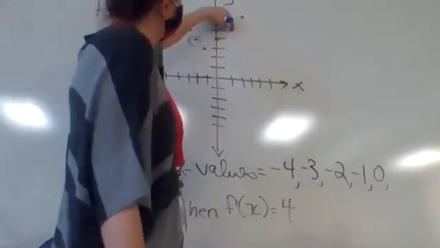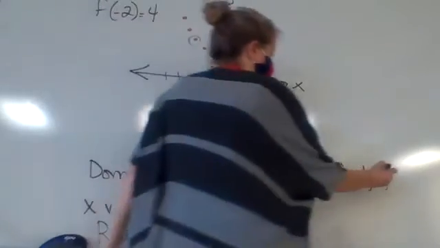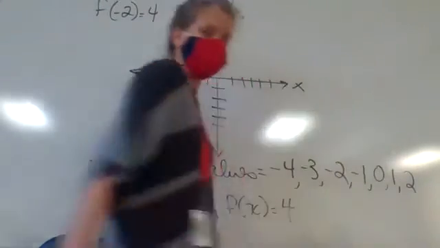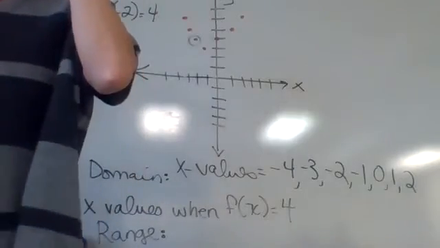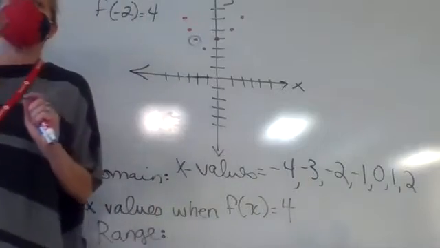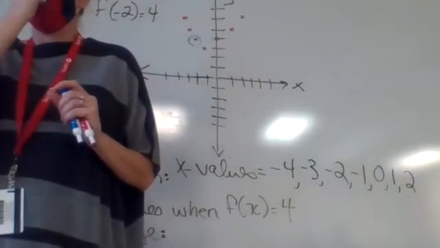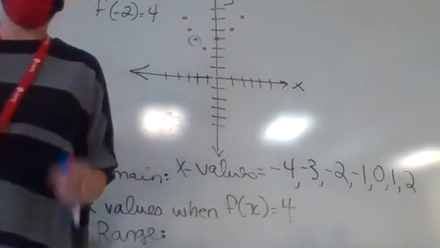And the last two, this one's lined up with 1, and that one's lined up with 2. So that's the domain. Since it's just a bunch of separate points, you're just going to each point and naming its x coordinate, which means how far left or right it is.